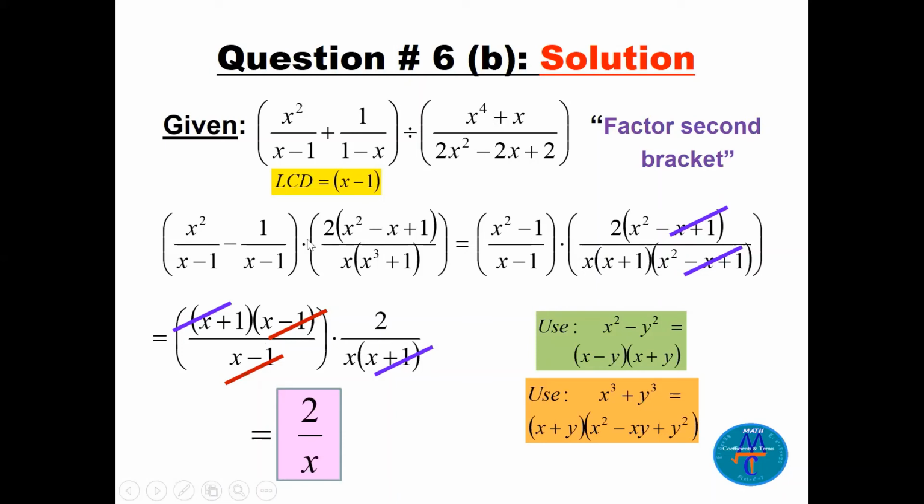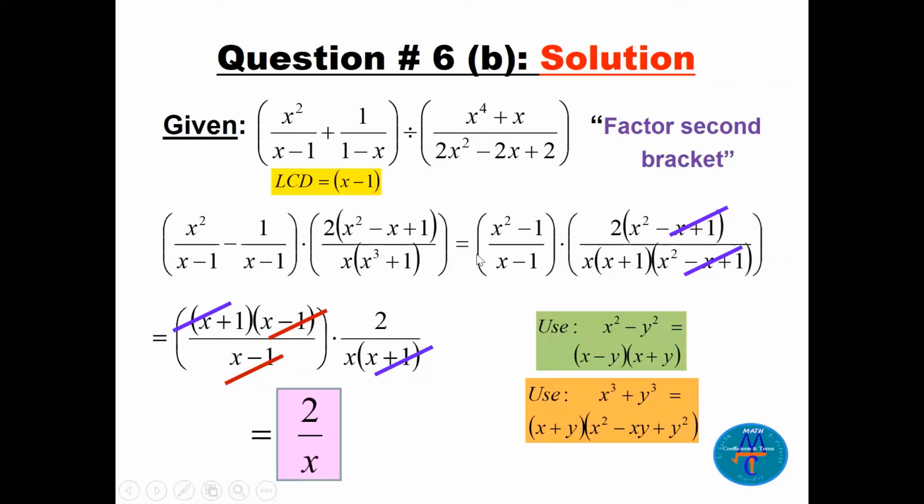Now, when you factor, this is the division, change it to multiplication. This becomes down, and this becomes up. So take 2, it becomes x squared minus x plus 1. And here we take x to the fourth plus x, take x cubed plus 1.